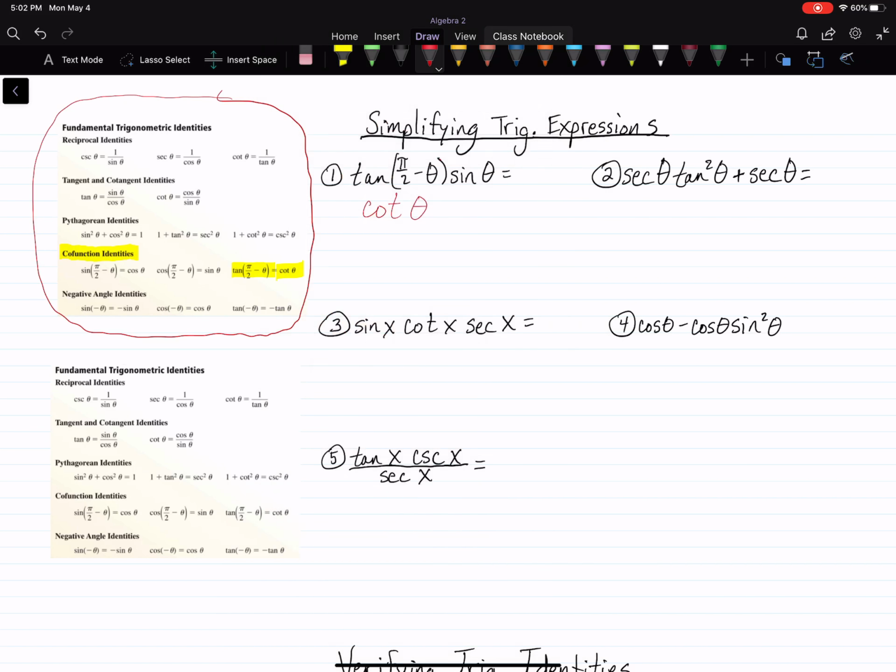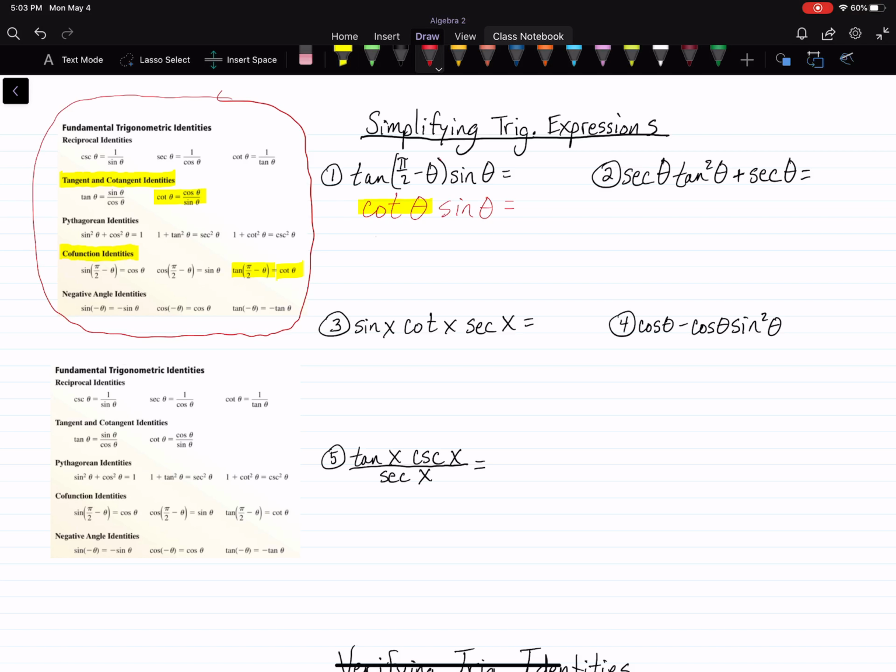Notice I haven't messed with sine. Sine's just going to stay sine of theta. Now we're going to use the other suggestion, which is to make everything into sine and cosine. Cotangent isn't sine or cosine, so I'll come over here to the tangent and cotangent identities, and I can see that cotangent is equal to cosine over sine.